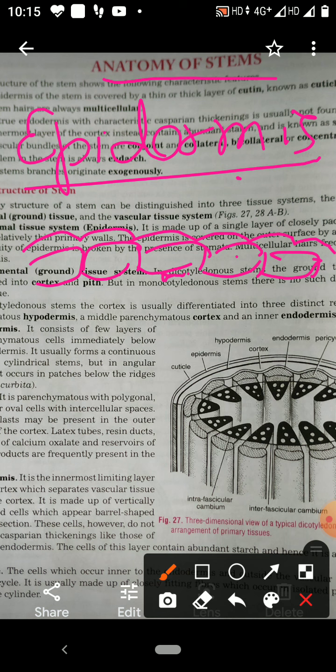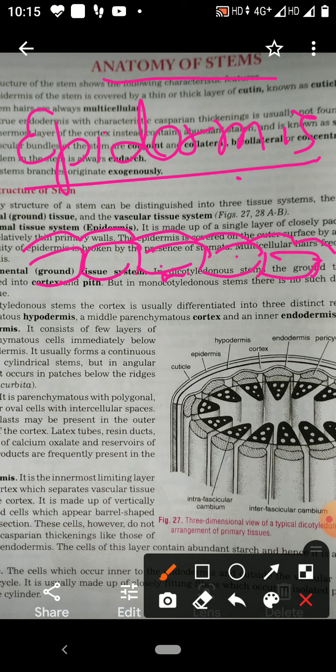It provides protection. The cells of the epidermis are closely packed. Epidermis is covered on the outer surface by a layer of cuticle.